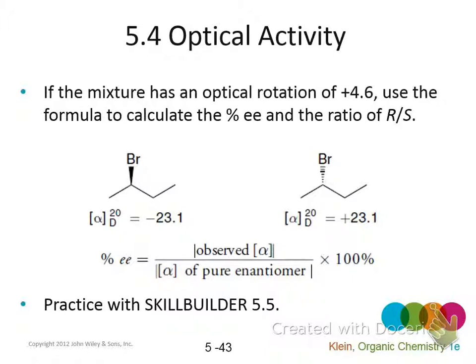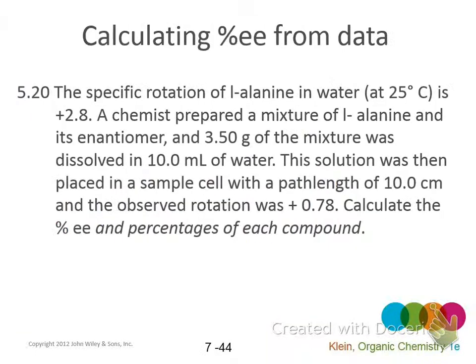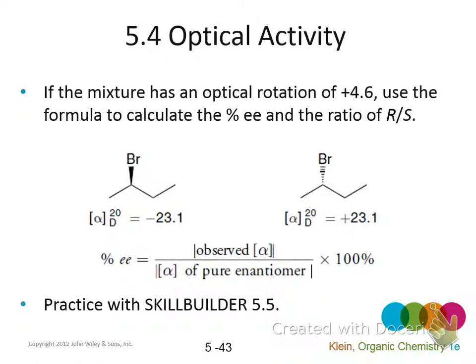So if I have an observed rotation of 4.6, what's the EE? Well, all you need to do is go 4.6 divided by 23.1 times 100.